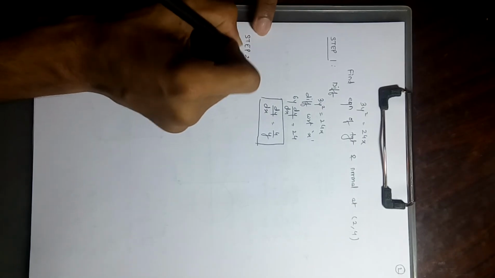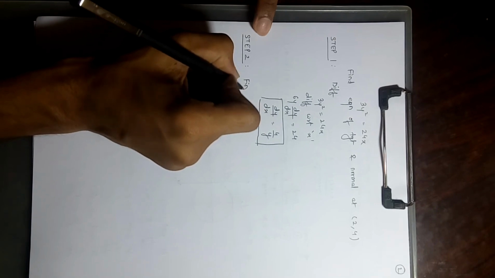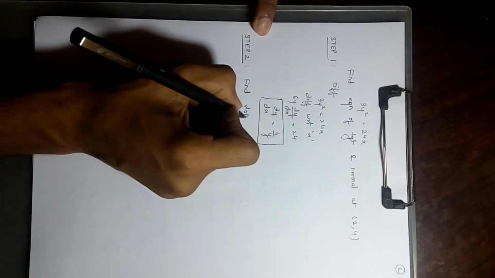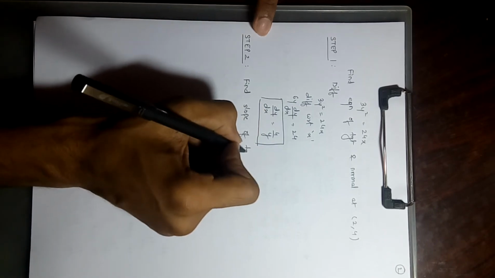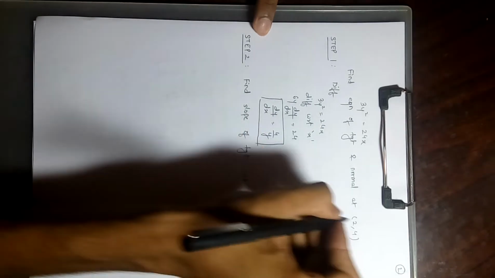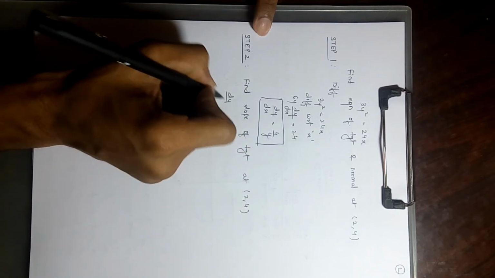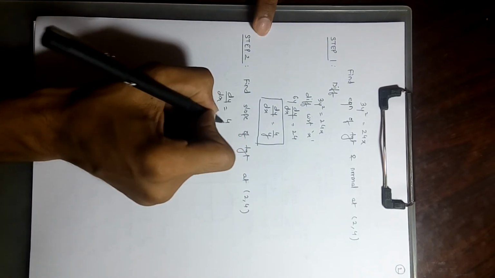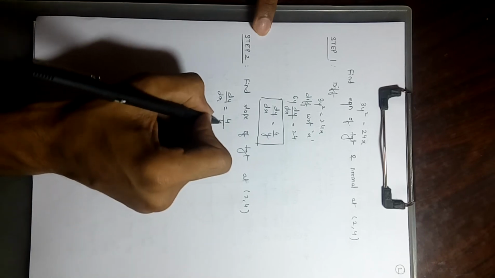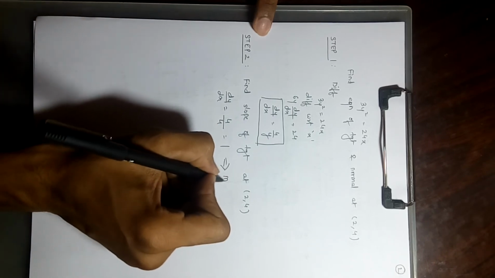Second step, I find out the slope. Slope of what? Slope of the tangent. So at the point (2, 4), dy by dx becomes 4 upon y, which is 4, so this gives me 1, right? So this becomes m1.